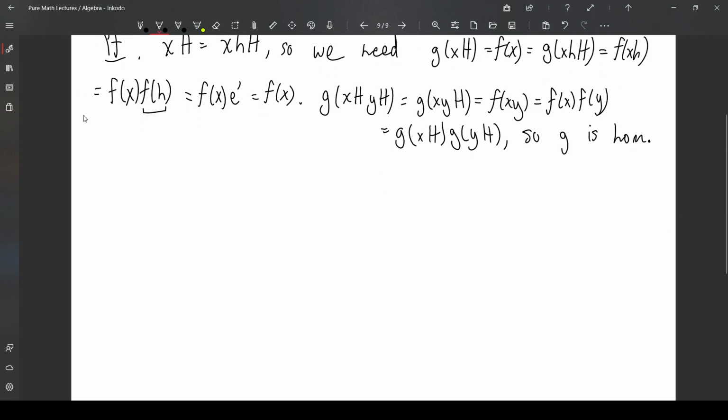Okay. The next step, right, to show that this is an isomorphism is to show it's injective and surjective. So for injective, we just have to show that the kernel is trivial. So let xH be in kernel of g.